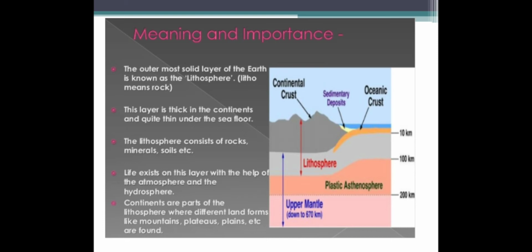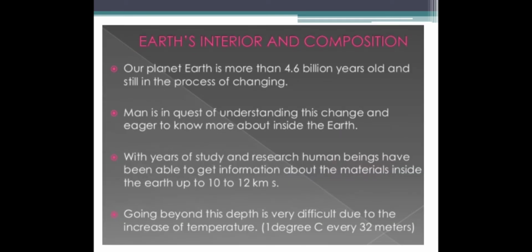Now let us see what is there in the earth's interior and composition. The outer part we are able to see. What about the inside? Our planet earth is more than 4.6 billion years old and still in the process of changing. Man is in quest of understanding this change and eager to know more about inside the earth.